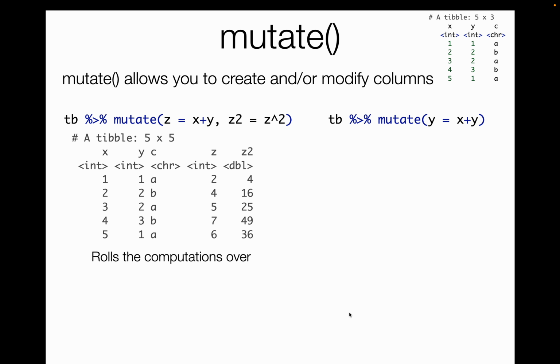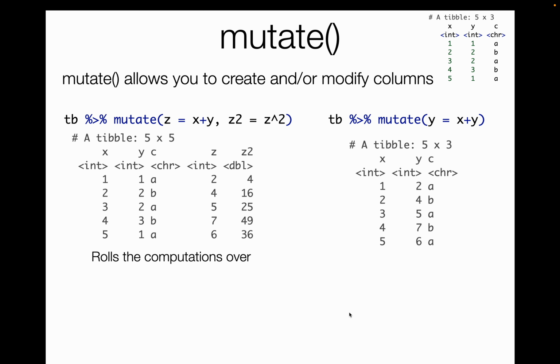Now, what if I say y is equal to x plus y? Now, this is different because before I was always using z or w, which didn't exist in the data set before, but y does. And so what happens here is that it redefines y, which can be very helpful, but is also dangerous. Okay? Helpful, but also dangerous.